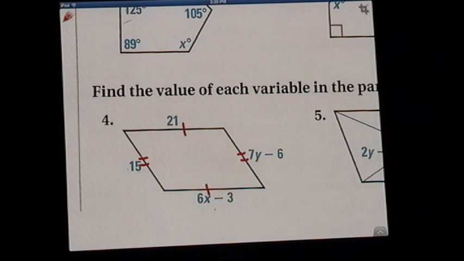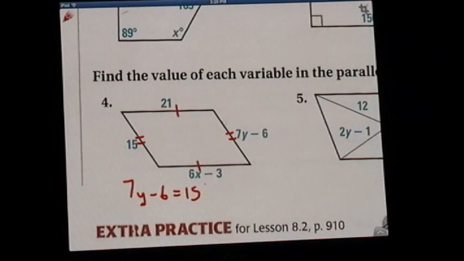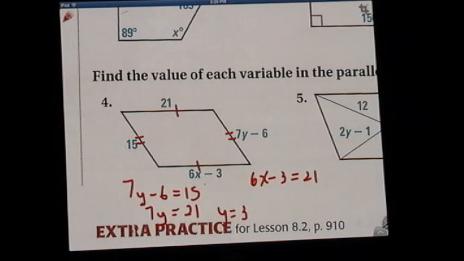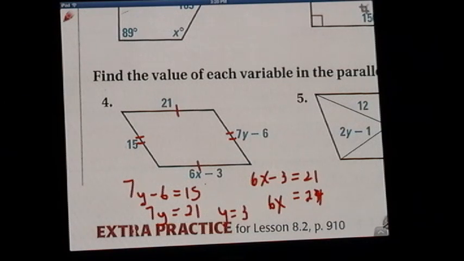So I'm going to write a couple of equations and finish them. So y equals 3. Then my opposite side, 6x minus 3 equals 21. Add 3 to both sides, and I get x is equal to 4.